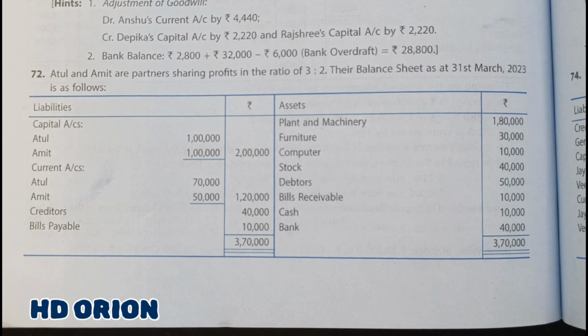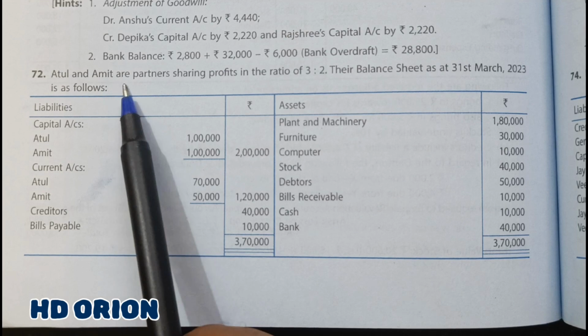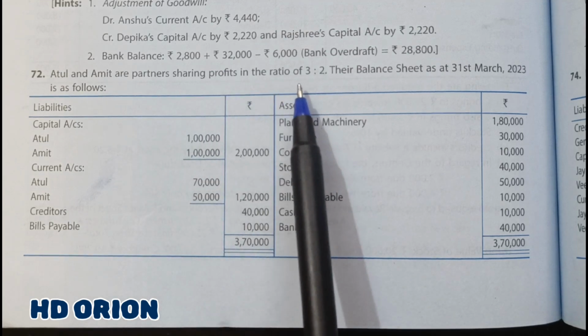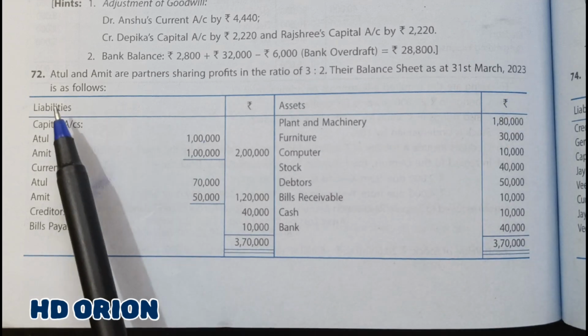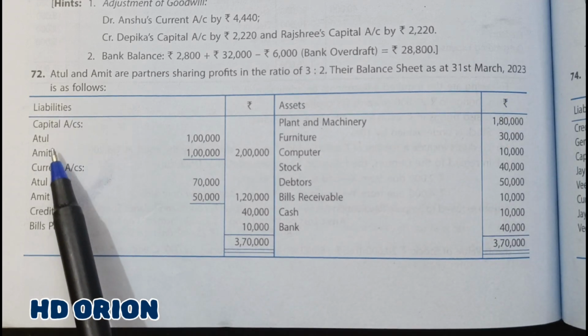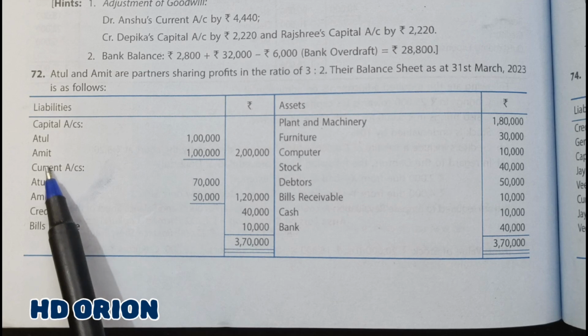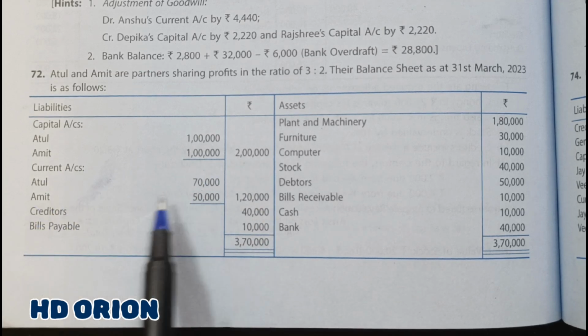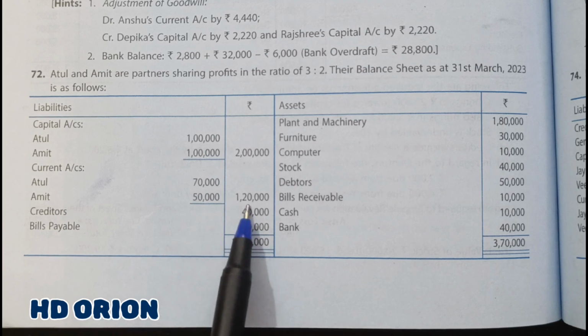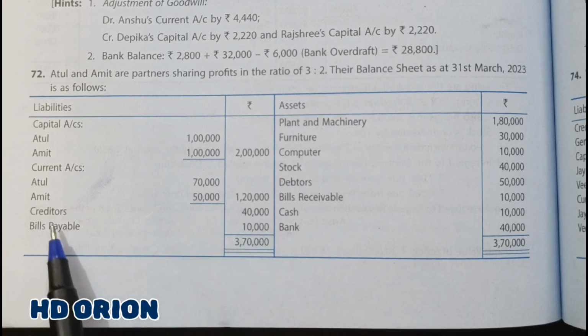Let us see question number 72. Atul and Amit are partners sharing profits in the ratio of 3:2. Their balance sheet as at 31st March 2023 is as follows. Capital of Atul rupees 1 lakh, Amit rupees 1 lakh, total is 2 lakh. Current account Atul rupees 70,000, Amit rupees 50,000, total is 1 lakh 20,000.